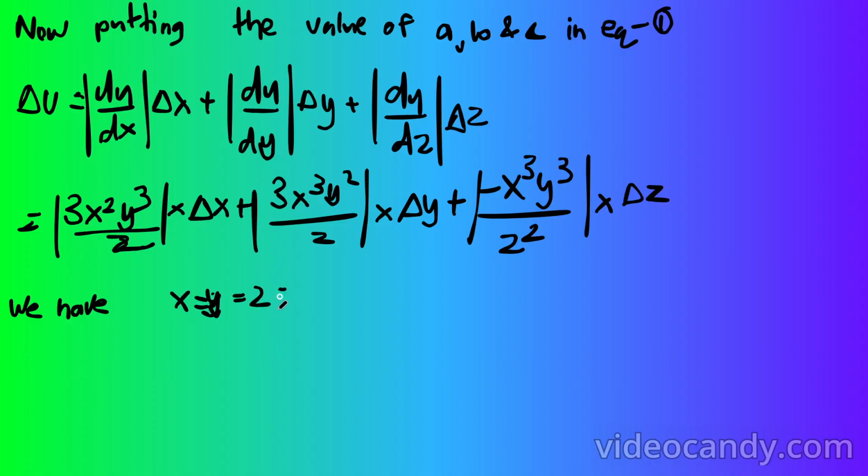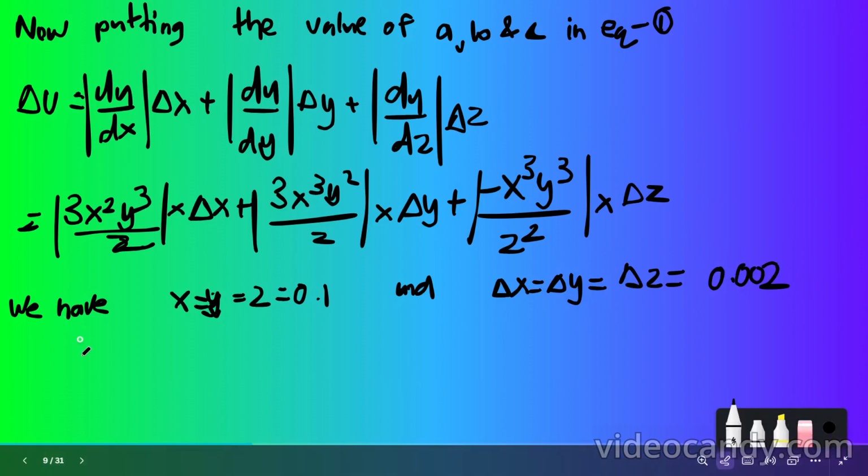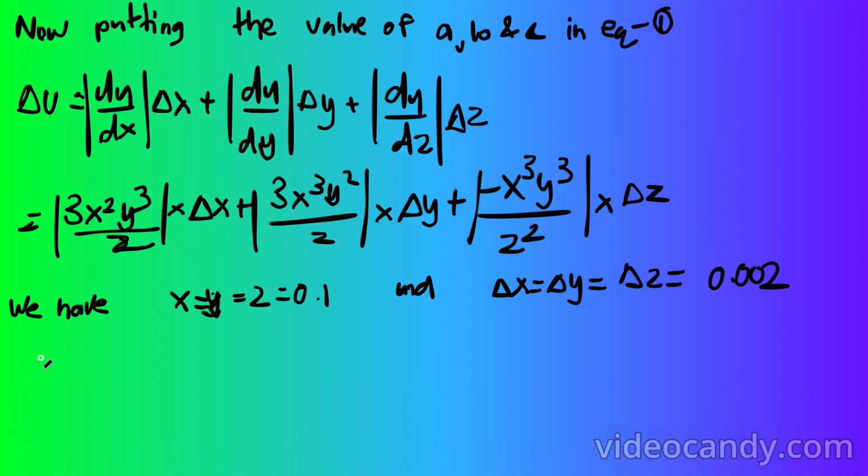We have x, y, z equal to 0.1, and triangle x equal to triangle y equal to triangle z is 0.002.